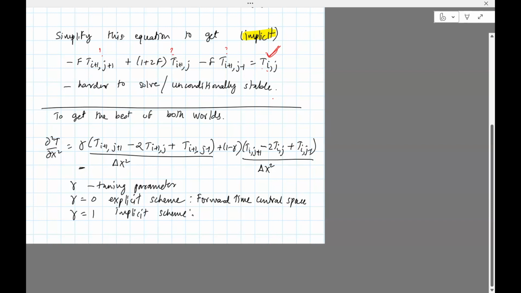It's called the Laasonen method. Seems like Swedish. And if gamma equals half, then the method is known as the Crank-Nicolson method.